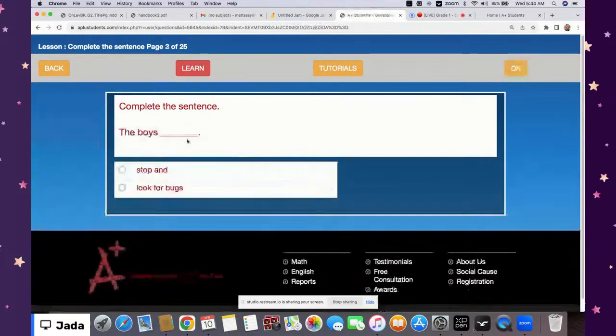The boys dash. The boys stop and or the boys look for bugs.